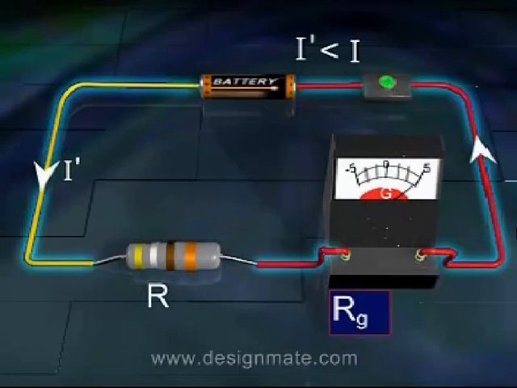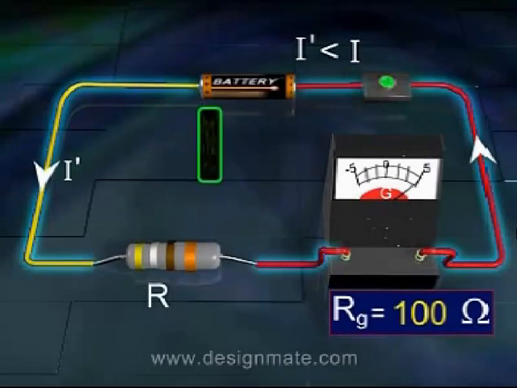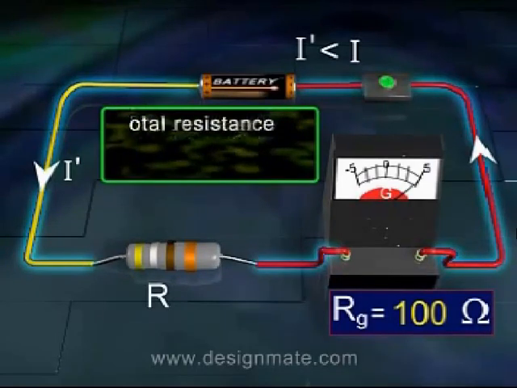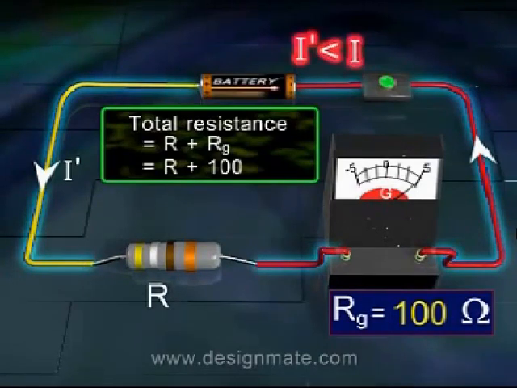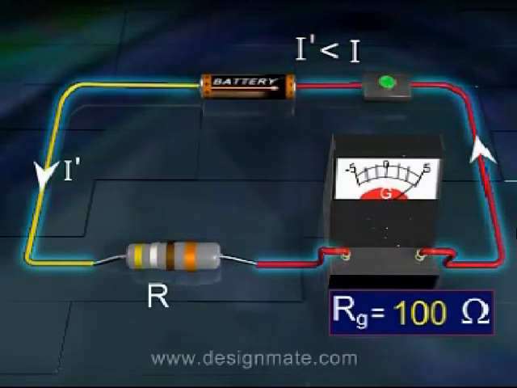For example, if the resistance of the galvanometer is 100 ohms, then a resistance of 100 ohms is added to the circuit and the current through the circuit will be correspondingly modified. And the galvanometer will not read the desired current correctly.